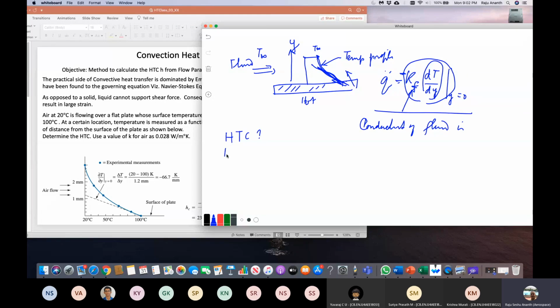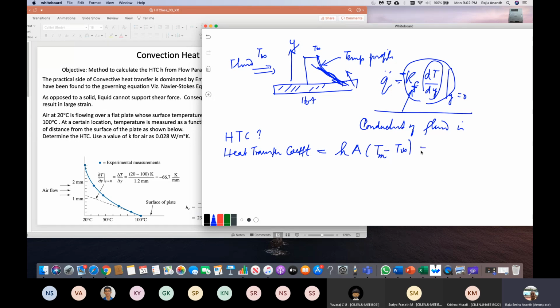What is HTC? Heat transfer coefficient. So that is from Newton's cooling law, h, some sort of an area involved, multiplied by T minus T infinity, some sort of a T average or mean, T minus T average.